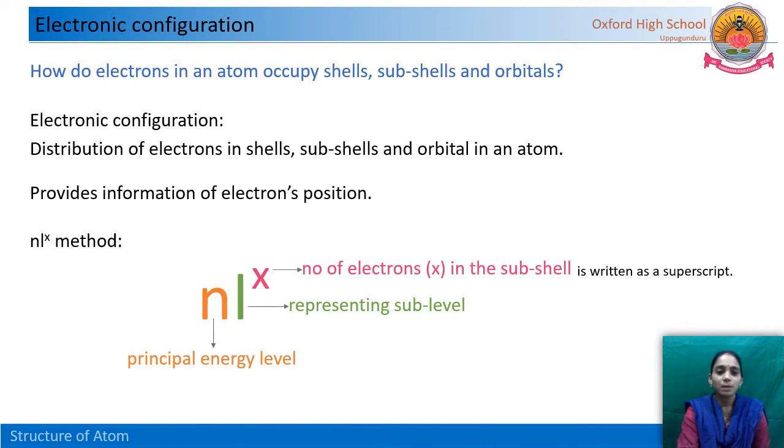So N is the principal quantum number or principal energy level, and L is the angular momentum quantum number, and it provides us where the electron is, in which sublevel or subshell, and X means number of electrons in the subshell. So this is the shorthand notation for writing the electronic configuration.